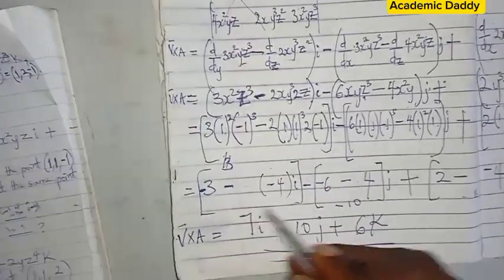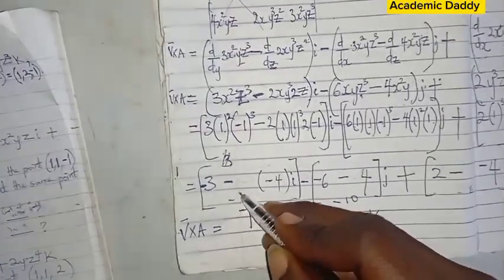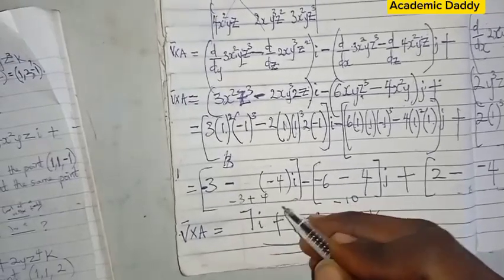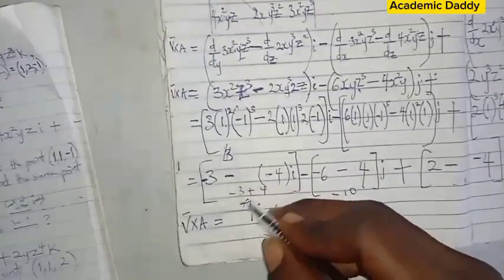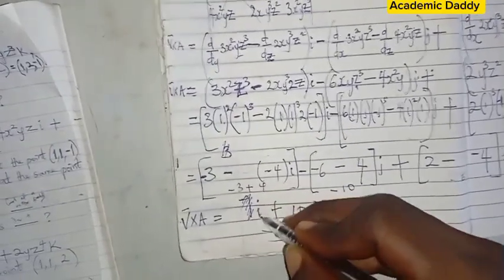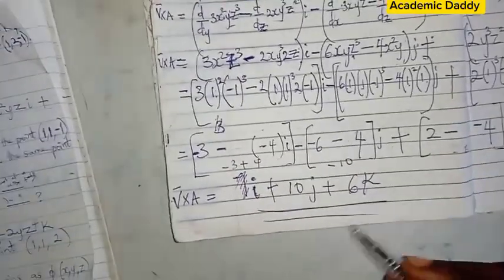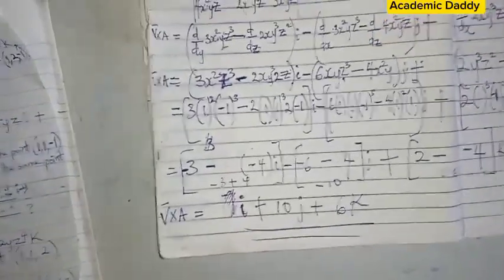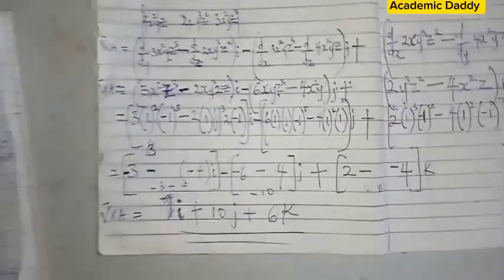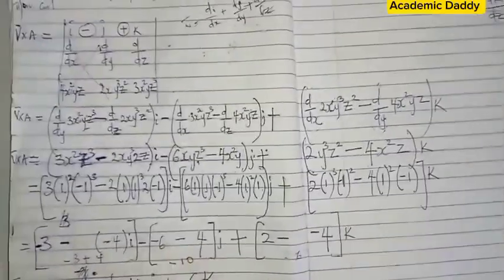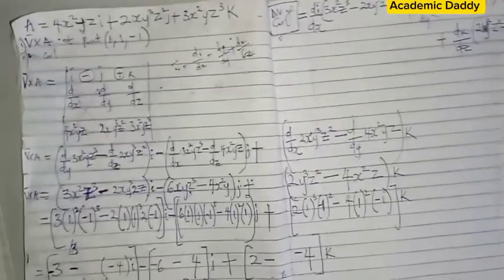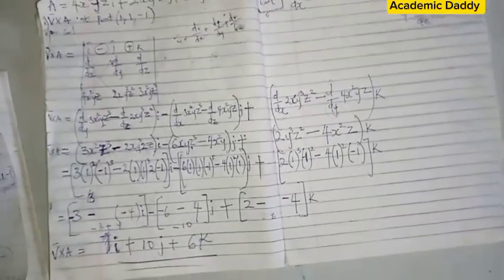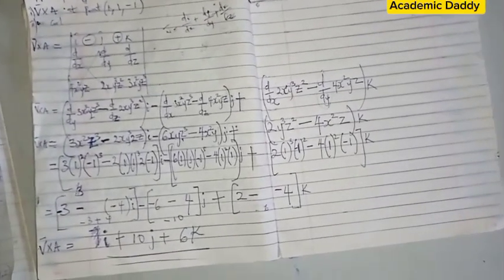So that means that when we did this, it's supposed to be minus 3 plus 4, or i. So this is going to be just i. So our final answer is i plus 10j plus 6k. You don't have to blame me, because sometimes you solve and make mistakes. So this is the curl of the vector. This is what you have as your final answer.